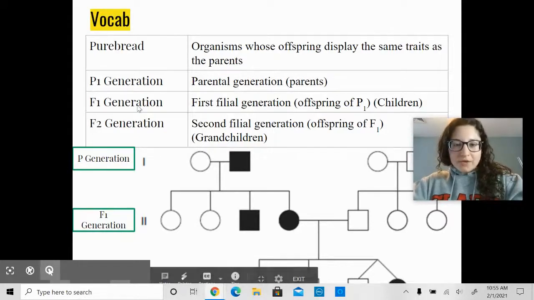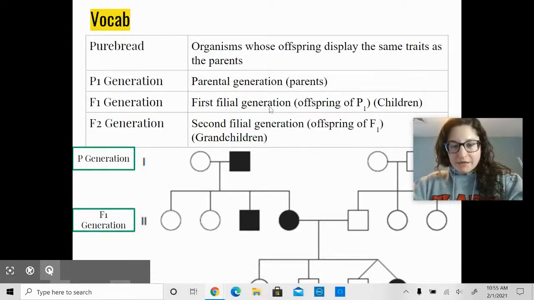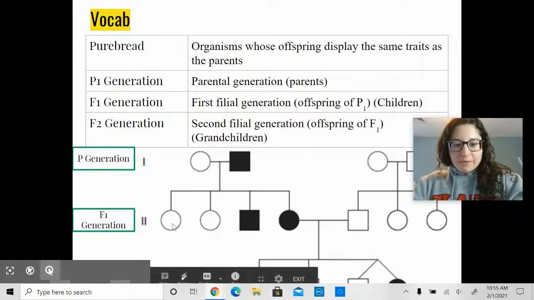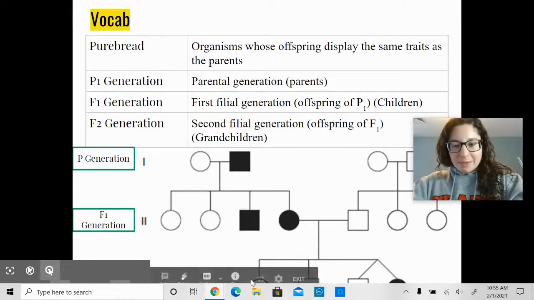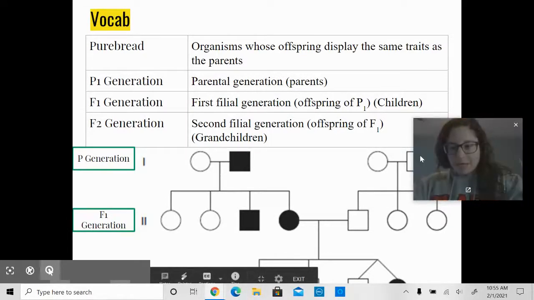The F1 generation are the offspring of the P generation, so F1 might be your parents, this generation right here. And then the F2 generation would be the offspring of the F1 generation, so this might be your generation down here. So your F2 is down here, your parents are F1, your grandparents are P.